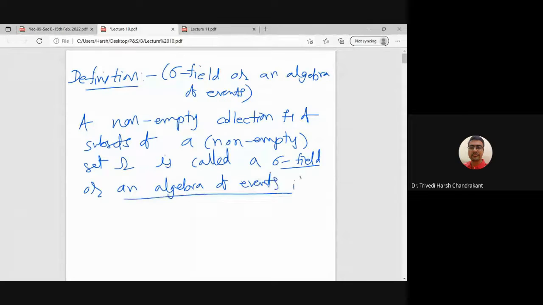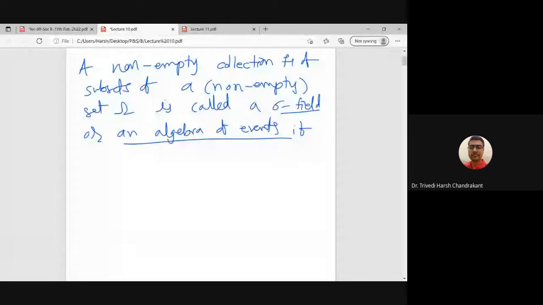Like you have Boolean algebra, right? There are many examples of Boolean algebra. Similarly here, what are the examples of algebra of events? For that, we need to write down the definition. This definition says that if you have any element of F, any element of this family, then its complement must be in the family.